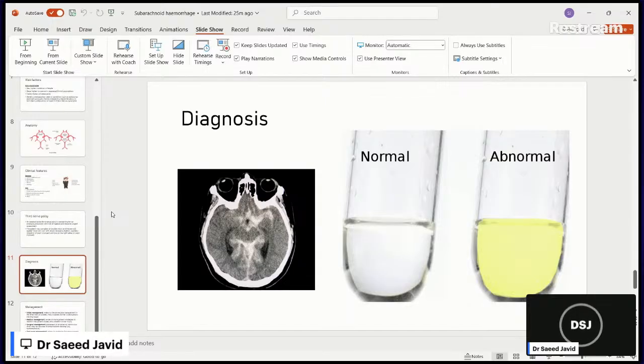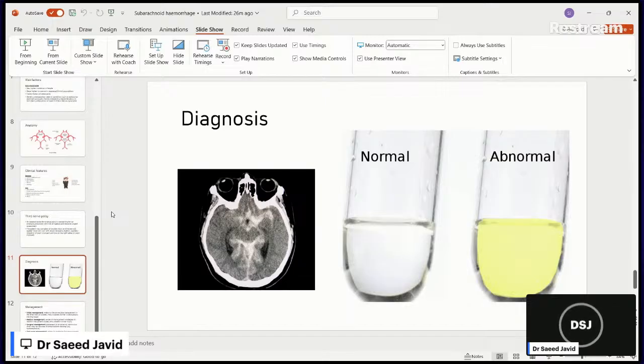So you can imagine, with all that time elapsed, the sensitivity slowly decreasing, and it shows you how important it is to have that CT done as soon as possible. And if the CT is not performed within 6 hours, then typically a lumbar puncture may be required to exclude the diagnosis.